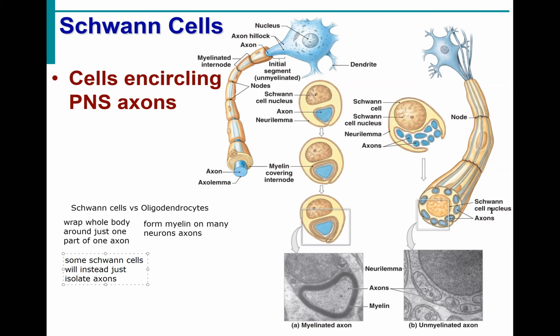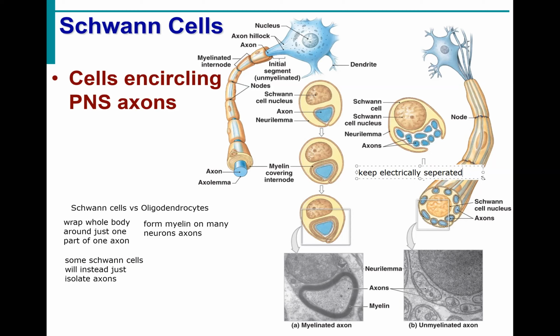If you notice in this case, 1, 2, 3, 4, 5, 6, 7, 8, 9 different axons. Notice this Schwann cell separates and isolates each one of them. Again, remember, we want to keep them electrically separated, so that our signal doesn't cross.